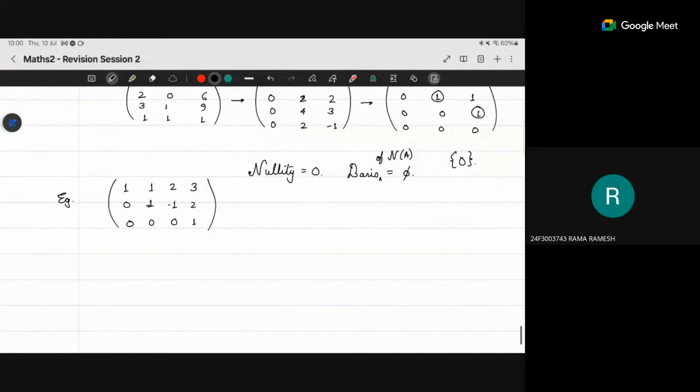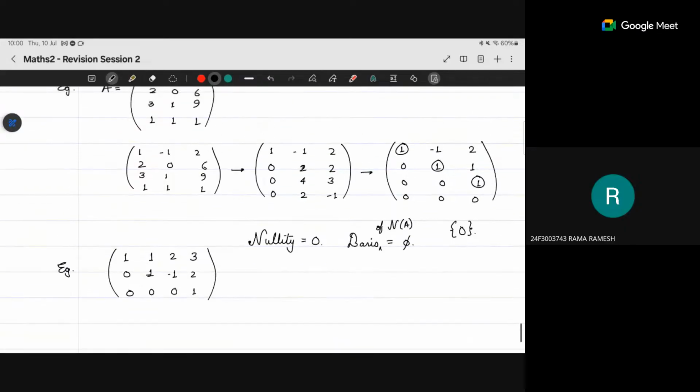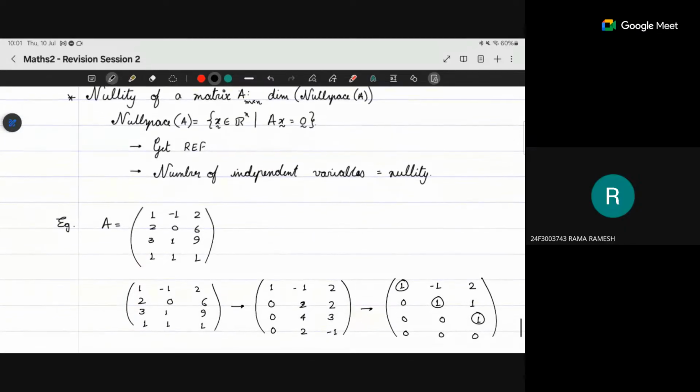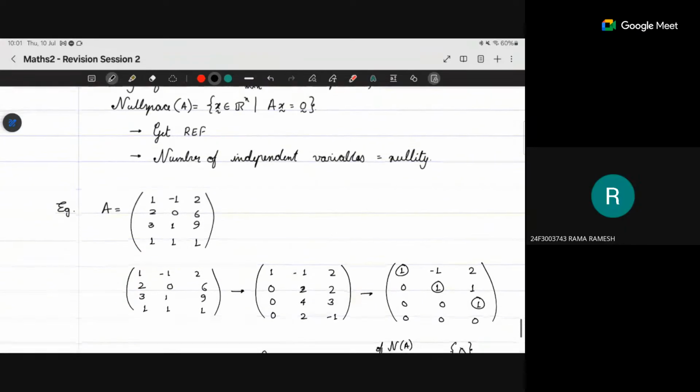Here A is in R3, no, sir? What is in R3? A is 4 cross 3. So what do you mean by A is in R3? It means the order is 3, no, sir?